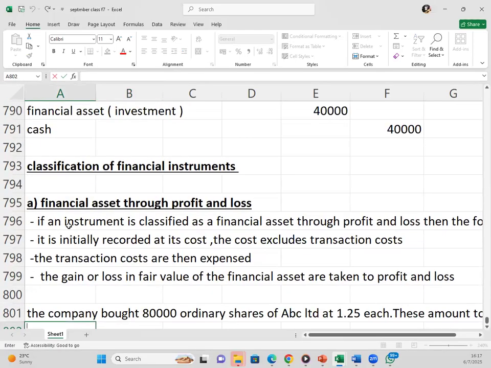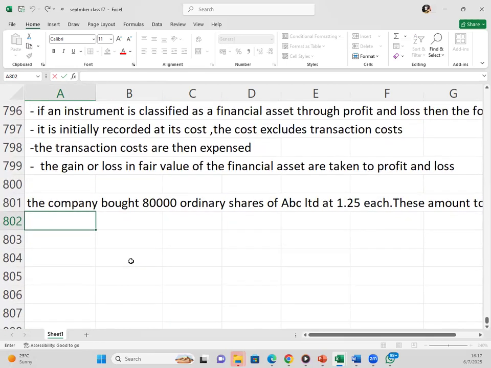We said that the instrument is classified as a financial asset, and it is initially recorded at cost.